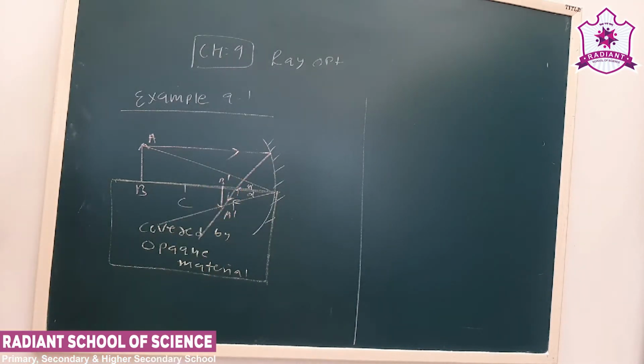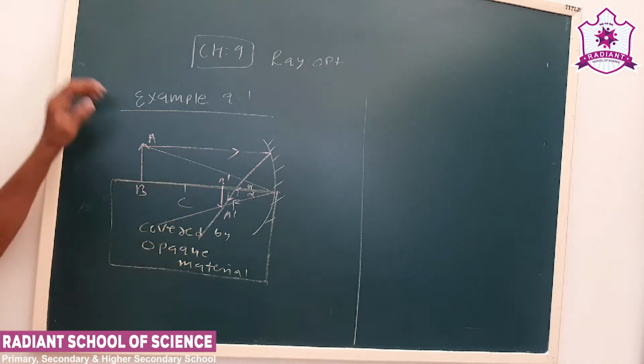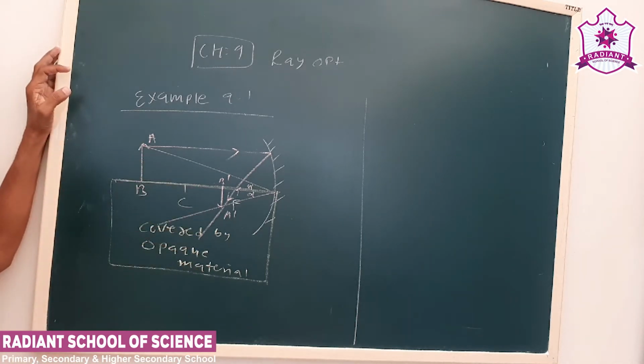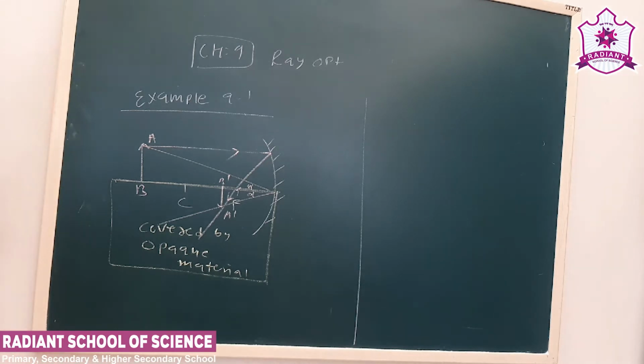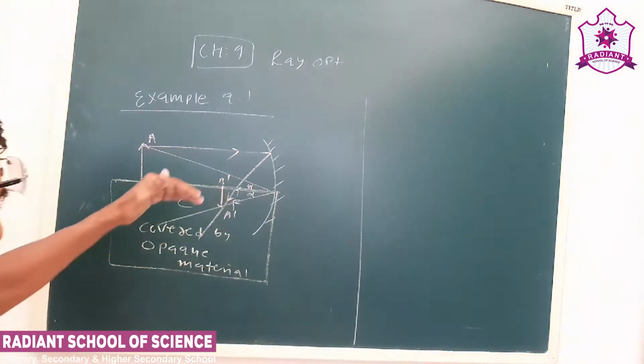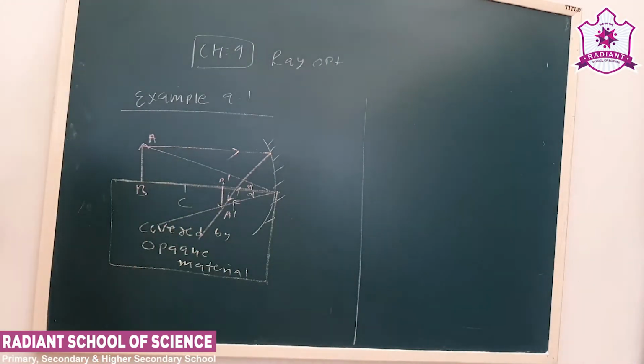Now see our question. Half of the part of the mirror below the principal axis is covered by opaque material. Now see, even when this part is covered, laws of reflection will be valid.